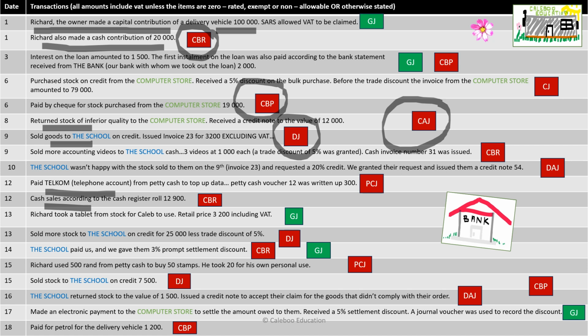The transactions need to be recorded, and that takes us to where these transactions are going to be recorded. You might have seen it on the accounting cycle on that slide. All these transactions will be recorded on source documents.